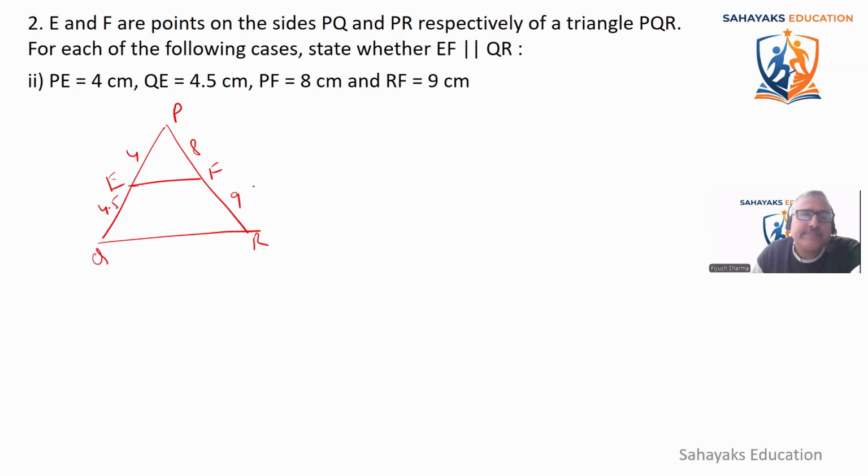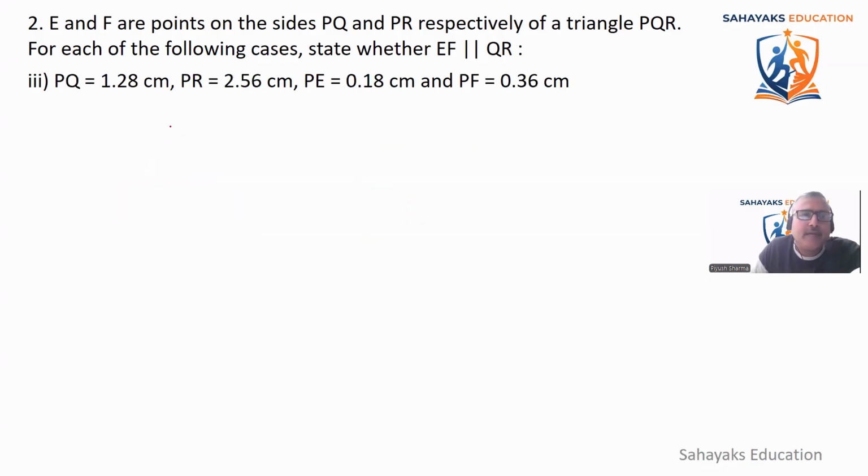So 4 divided by 4.5 is actually not equal to 8 divided by 9. So again, in this case, the lines EF and QR are not parallel.